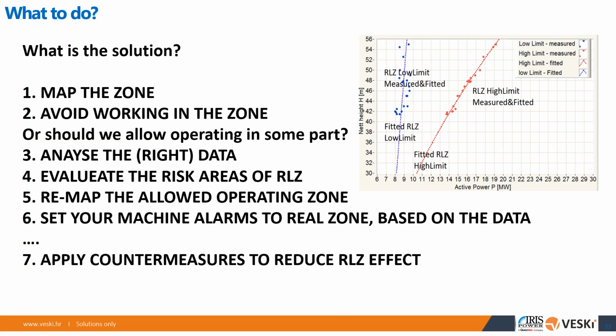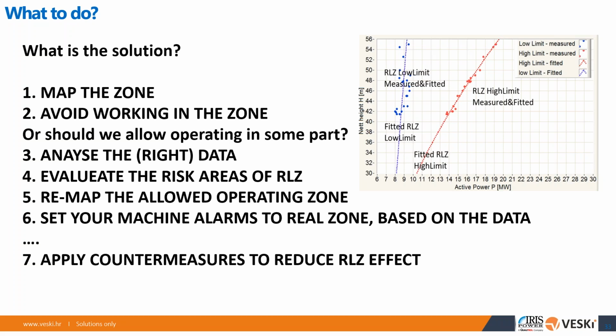To be honest, there's very little you can actually do if you have that problem. The only thing you can do is map that zone, right? So you have to map the zone and then avoid working in it, all right? But should we allow some parts of the zone to be available for operation? Of course.